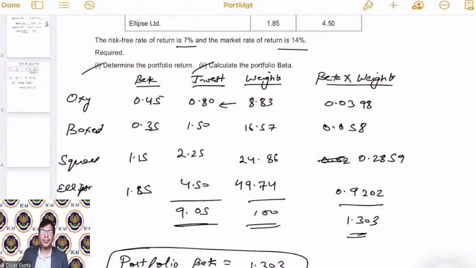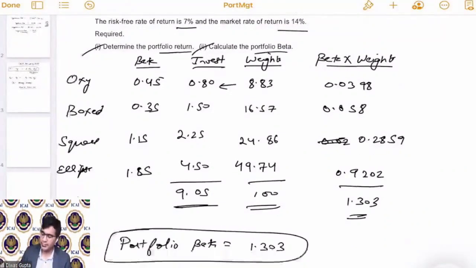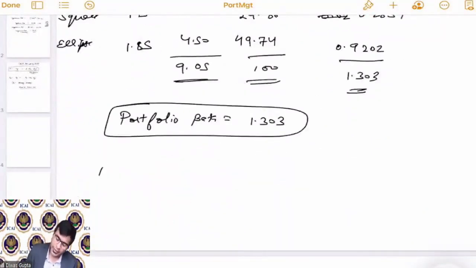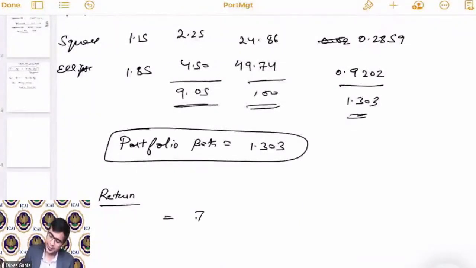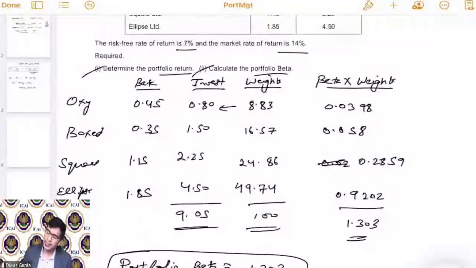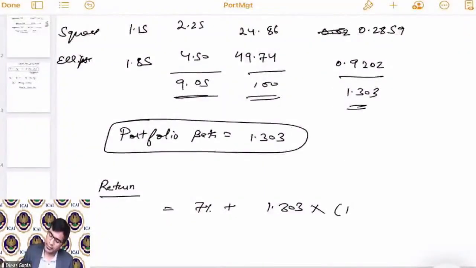And the second part asks us to calculate the portfolio return. For calculating the portfolio return, we have to calculate the portfolio beta first. And now the portfolio return can be calculated as: what is the risk-free return? 7% plus portfolio beta 1.303 multiplied by the market return of 14% minus 7%, which is the risk premium, correct?